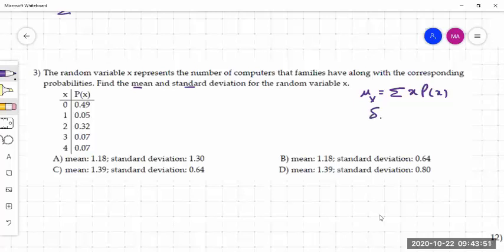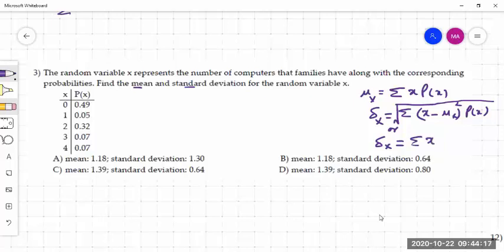And for the standard deviation, there are two equations. One is the square root of the sum of (x minus μx) squared times P(x). The alternative equation for σx is the square root of the sum of x squared times P(x), minus the mean squared.